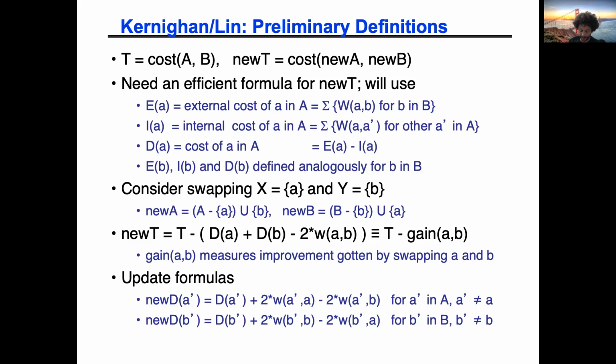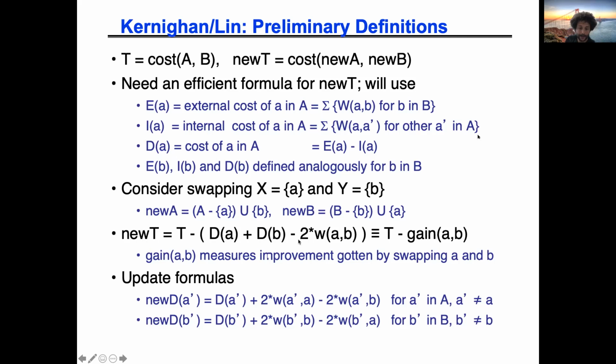And why do we keep track of both of them? Because once we move a from part A to partition B, we're going to save all the external costs. We're no longer going to be cutting those edges, which is capital E of a. However, we're going to be incurring cost due to I of a. So the difference is really what we gained in terms of minimizing the number of edges that are cut across partitions. So we can always decide to swap two vertices, and we can define the new T as the old T minus the difference that we just defined for the a that's moving, minus the difference that we defined for the b that's moving.